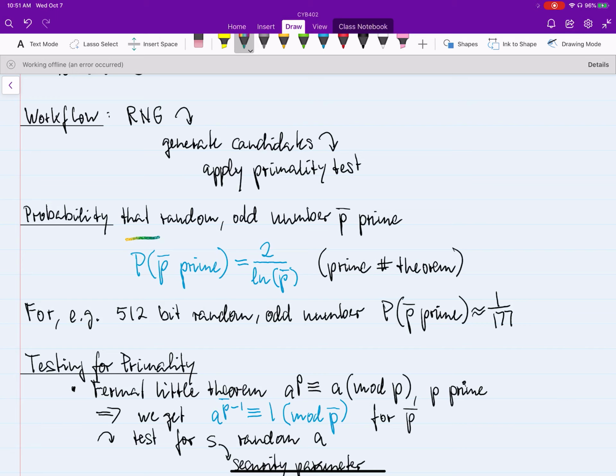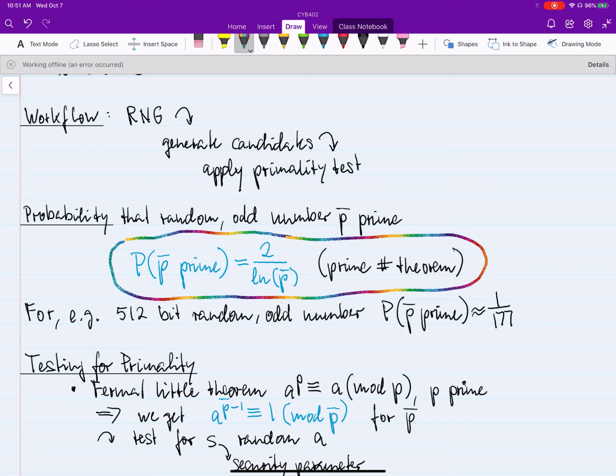Anyhow, research shows, the prime number theorem, that the probability of P dash being a prime is 2 over the natural logarithm of P dash. This is what the prime number theorem says.